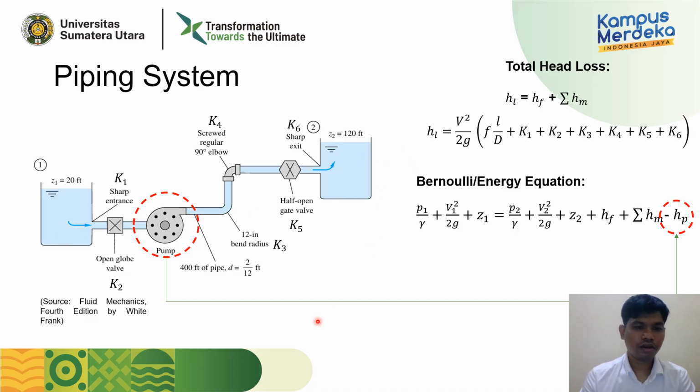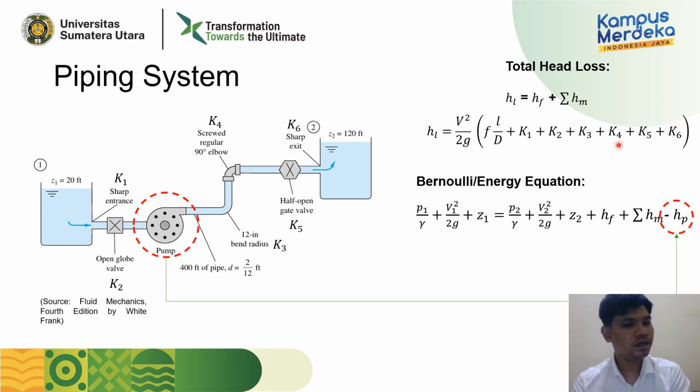What we need to analyze here, of course, is we need to calculate the head loss. Like what I said before, we have major losses and minor losses. So if we put all the equations into total head loss, we will have these equations. This is for major losses, and this is the coefficients of minor losses.